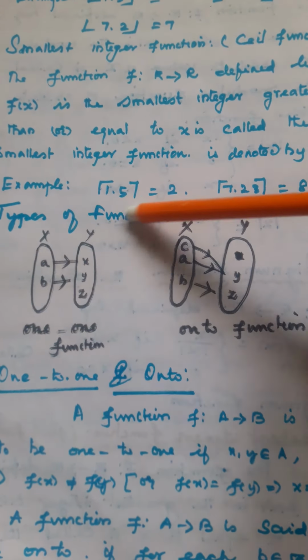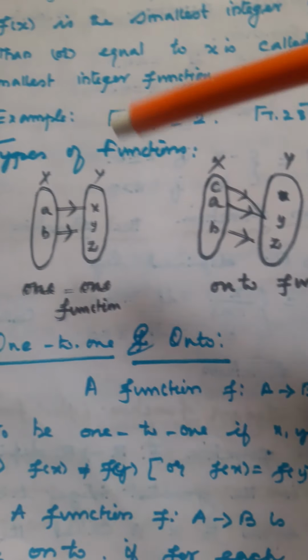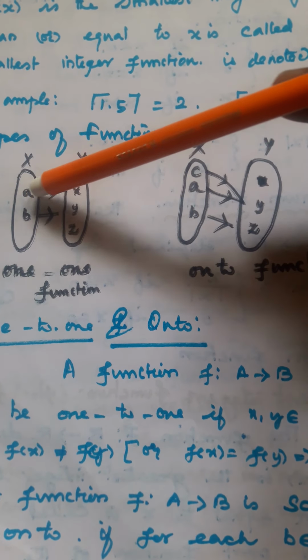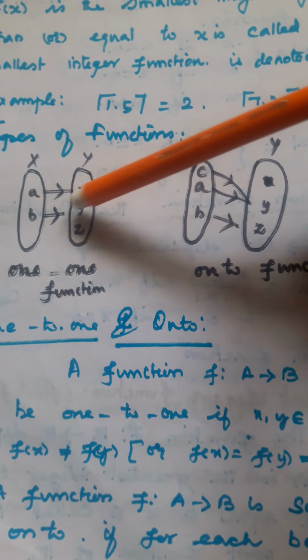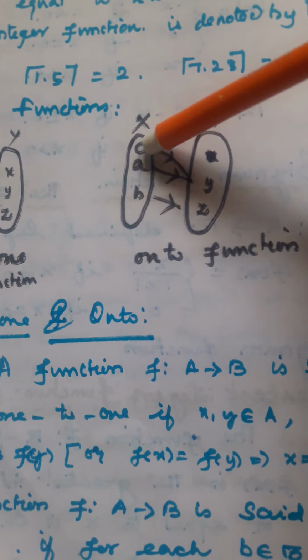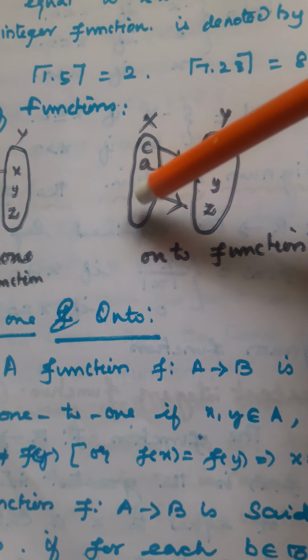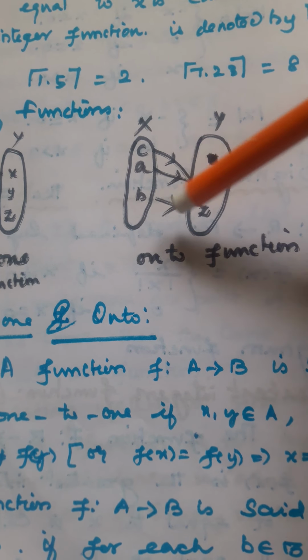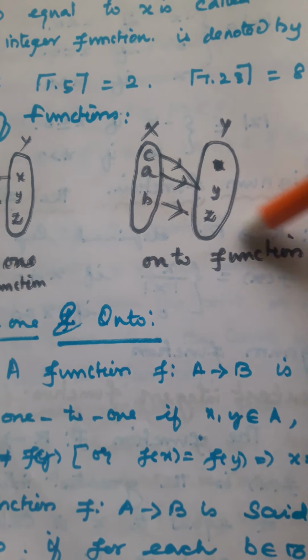So types of function, you have different types. You have completed this in 10th standard also. So here you can see the arrow diagram. The two lines are mapped to two elements, so it is called a one-to-one function. Here A and C are mapped to Y, and B is mapped to Z, so it is called an onto function.